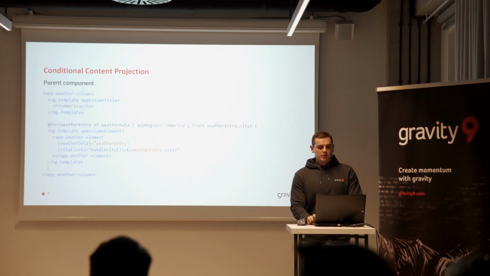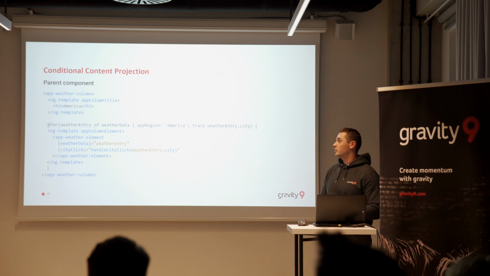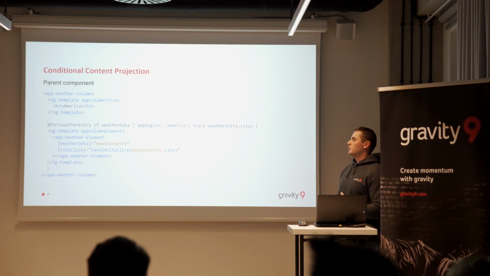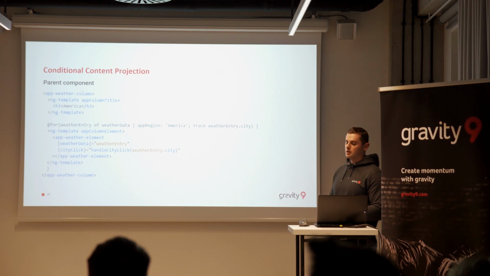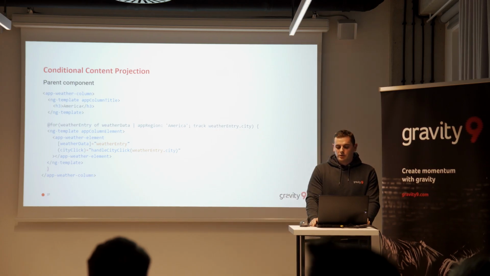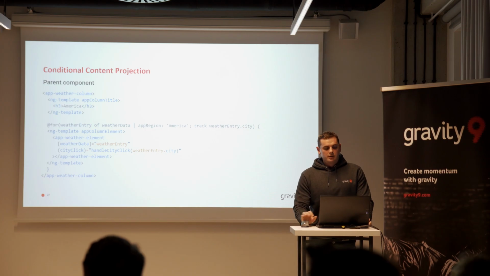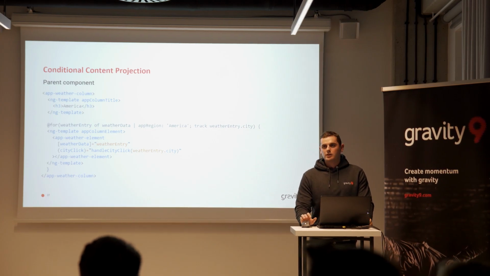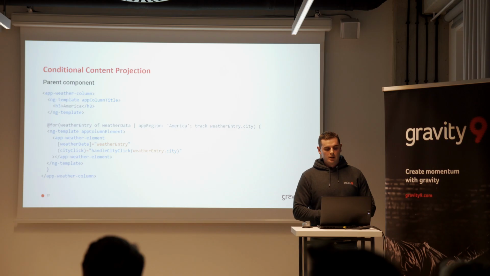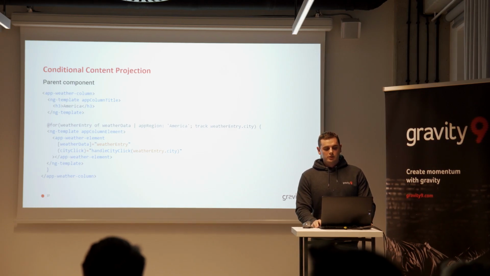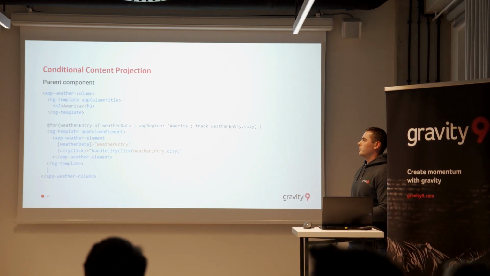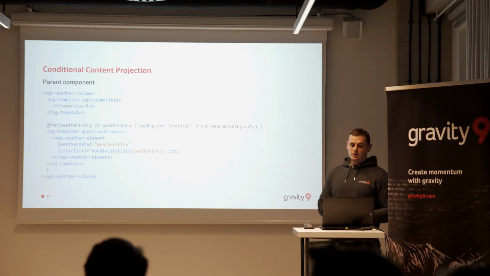From the implementation perspective, you can see that there are two main differences compared to the previous content projection types. Now we are not placing the content directly into the child component. Instead, you need to wrap it in ng-templates.